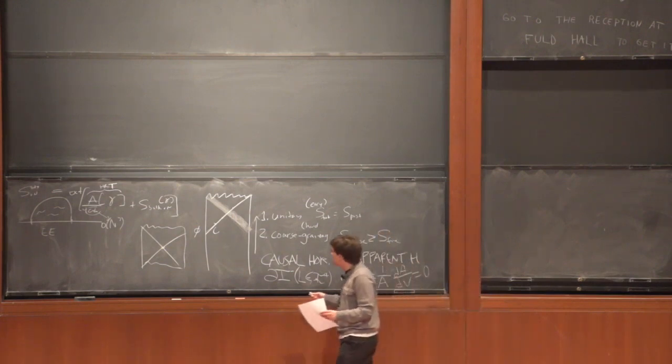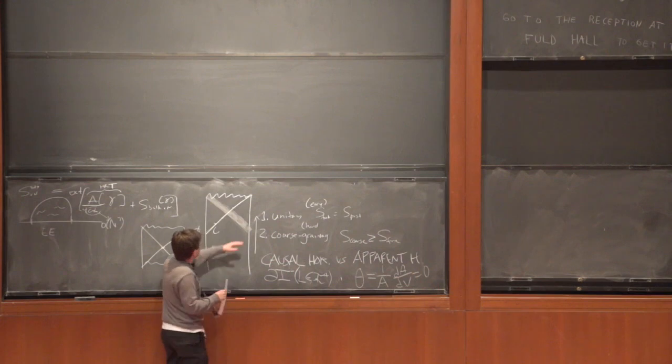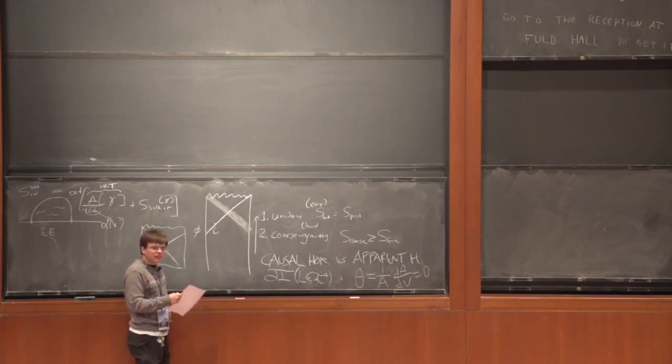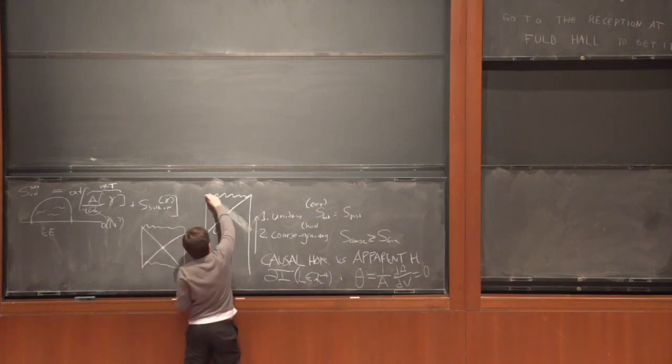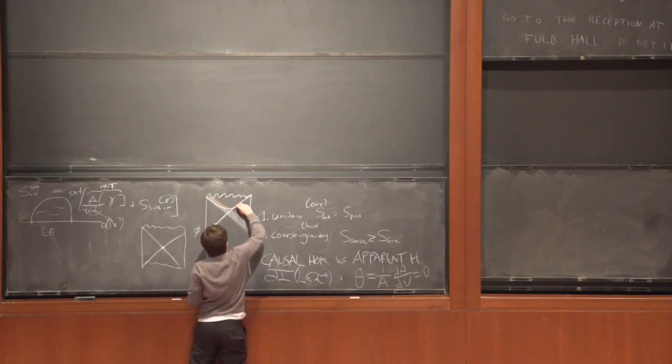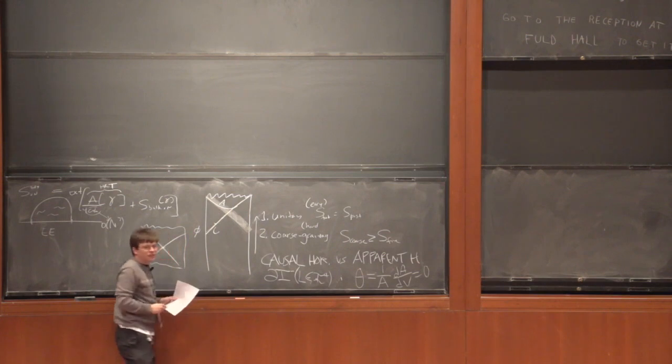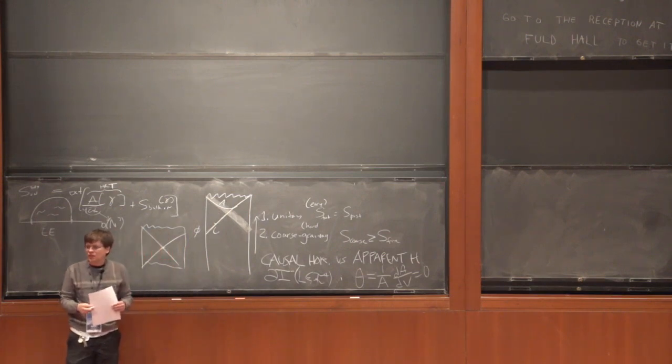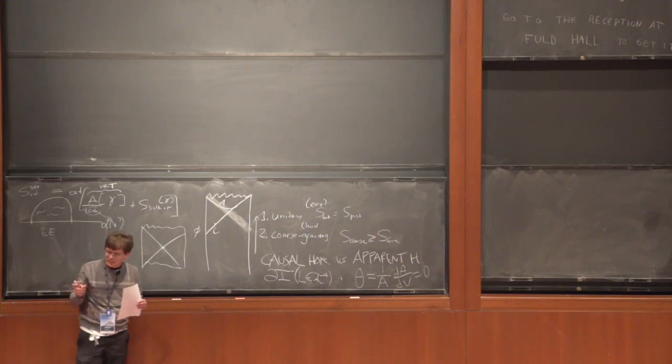So given a Cauchy slice, if we pick flat Cauchy slices that are compatible with the spherically symmetric Cauchy slices, the apparent horizon does this. It's not null anymore. You snuck in spherical symmetry. I know. That was just an example.